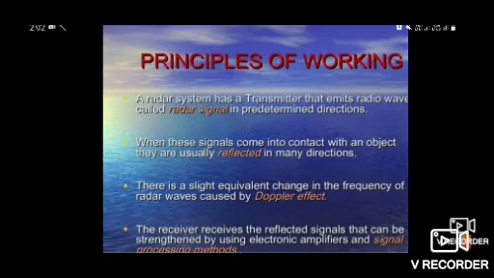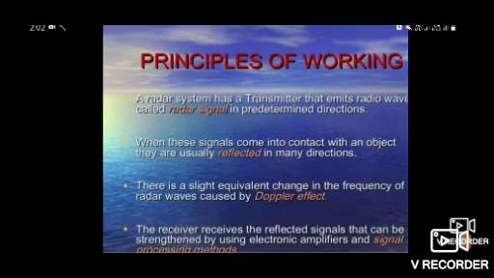They are transmitted in all directions, but when they strike the target, some signals are reflected back. By that we can know in which direction the target is placed. That is the main system we have in the radar.